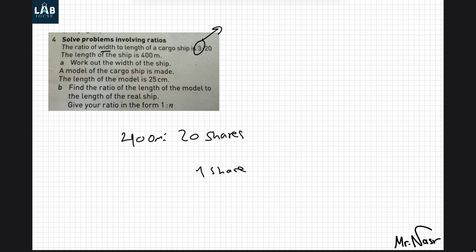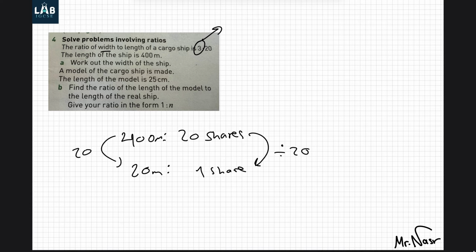So to get from 20 shares to 1, you divide by 20, and whatever you do on the right, you do on the left, so divide this by 20 also. It's going to be 1 here, and this is going to be 20 meters. So each one share is equal to 20 meters.